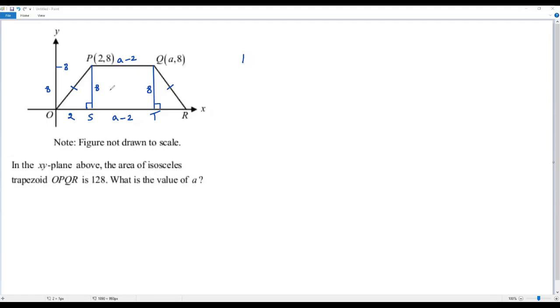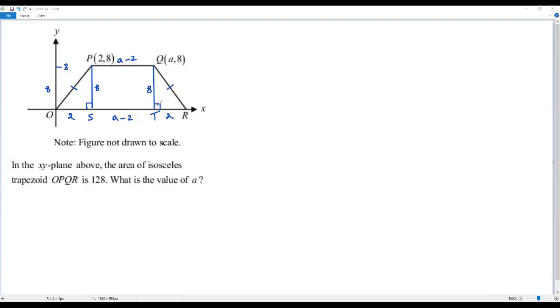Since these two right triangles OPS and RQT are congruent, the corresponding parts also must be congruent. So this leg OS and this leg RT are corresponding parts and they must be equal in length. Already we know the length of this leg OS, so the same length we have for this leg TR. So the length of this leg TR is 2.